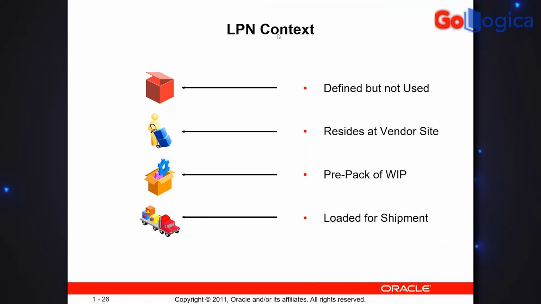No, as far as I have done the implementations, I have not seen that. We'll have to generate new LPNs only in Oracle, because Oracle does not consider anything outside the system. So I don't think it can be integrated. Okay.